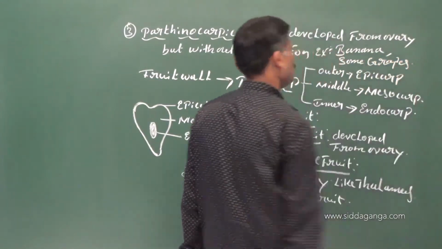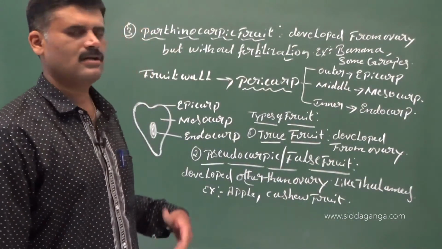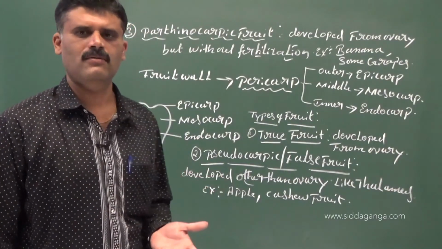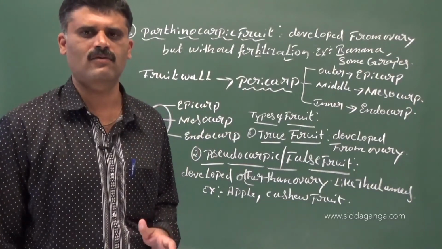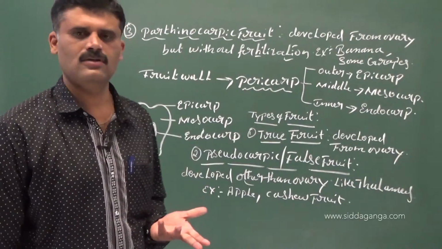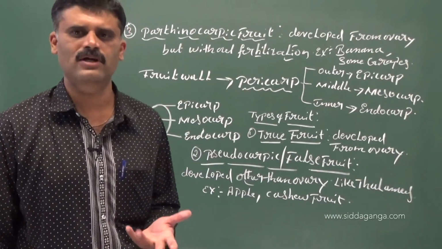But nowadays, by using auxins and other growth promoters, different fruits are made parthenocarpic where seeds are not required, like lemon, cucumber. So those fruits are made seedless where seeds are not eaten by people.